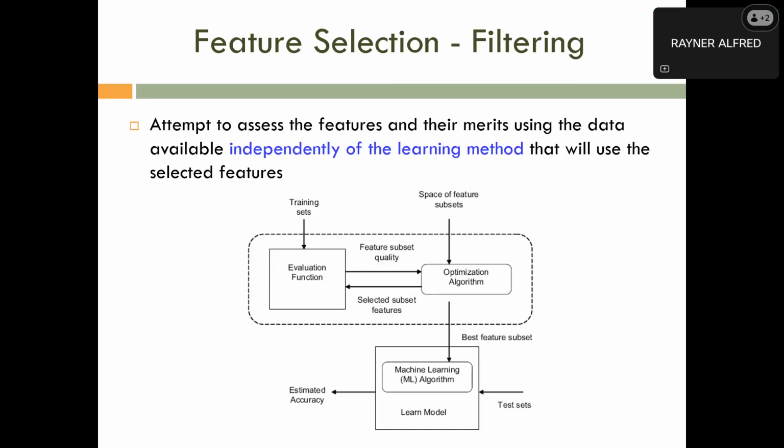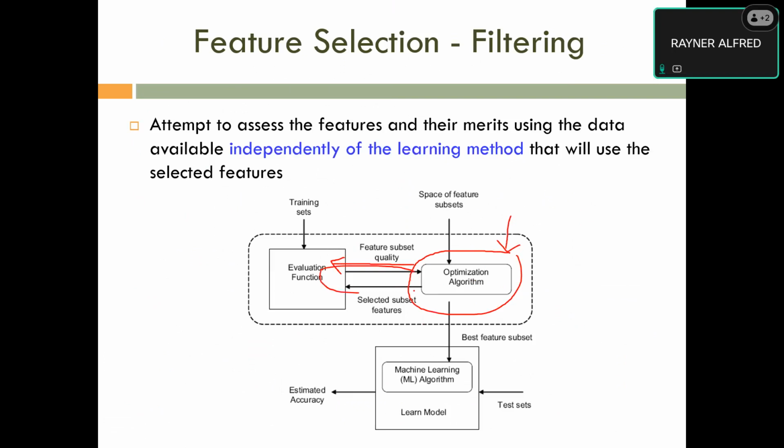Okay, the difference between filtering and wrapping is that in filtering, we have this space of feature subsets. We will look at whether, if we use that particular feature, we are going to increase the classification performance.